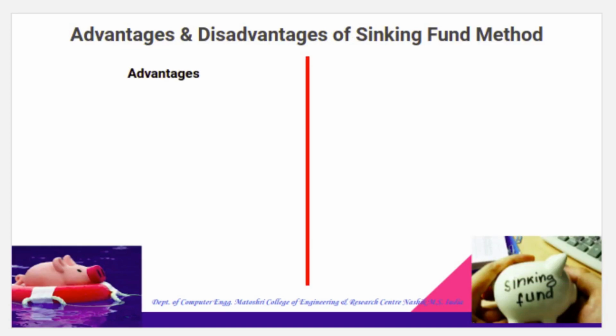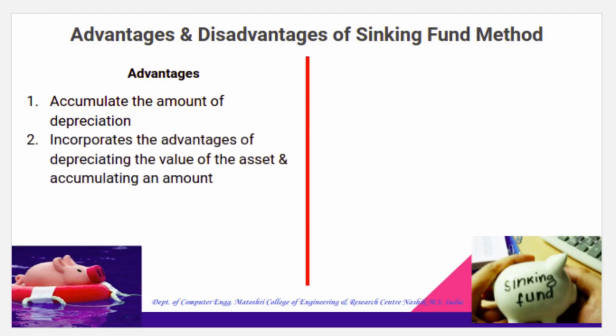The advantages of the sinking fund method are: this method enables the organization to accumulate the amount of depreciation, which can be readily available to replace the asset at the end of its life. The second advantage is that this method incorporates the advantages of depreciating the value of the asset as well as accumulating an amount which will enable the organization to replace the asset.